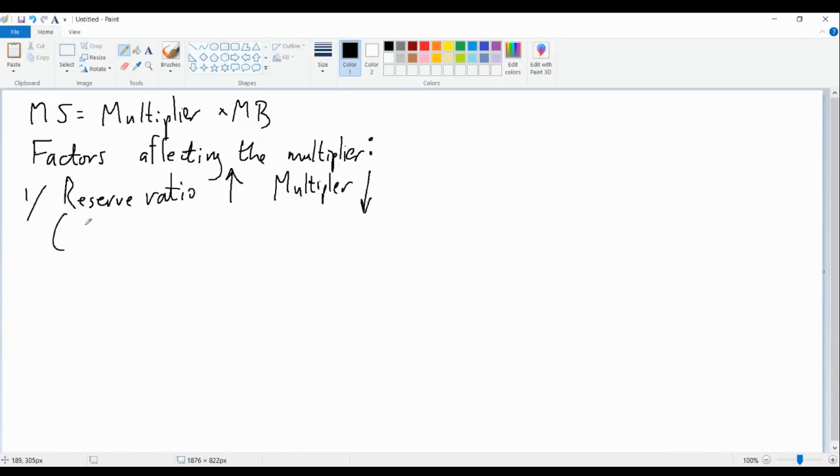An alternative way of thinking about it is that the reserve ratio is basically the opposite of the bank's, let's call it lending intensity. The bank holding lots of reserves is the same thing as saying the bank is not lending that much.